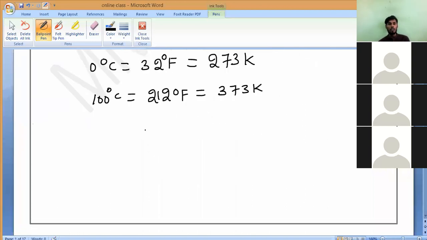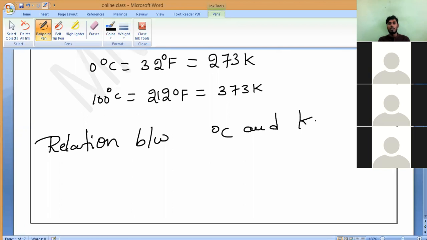First we will see the relation between degree Celsius and the Kelvin scale. As we know, 0 degrees Celsius equals 273 Kelvin.